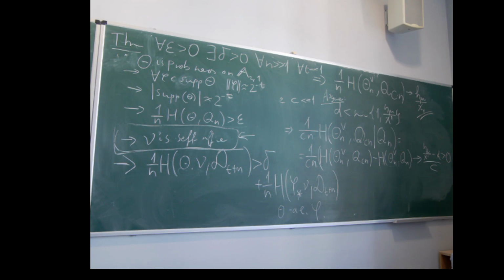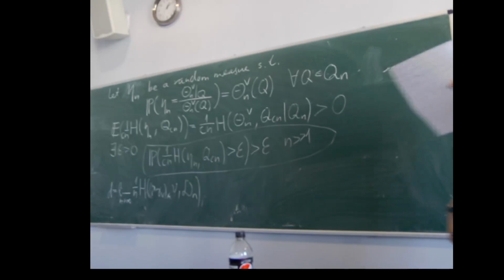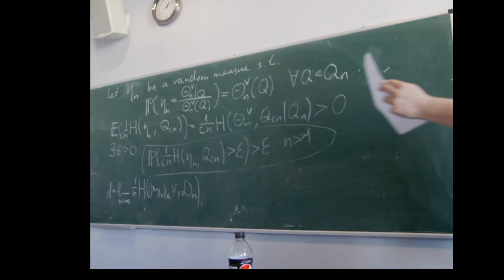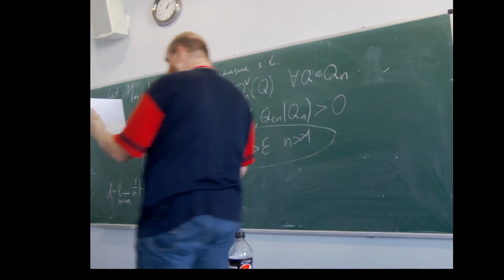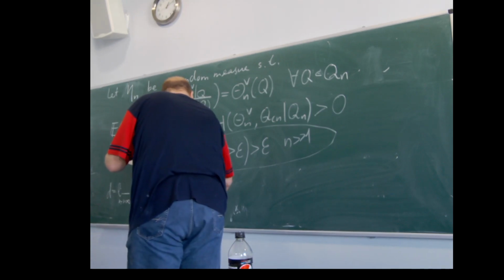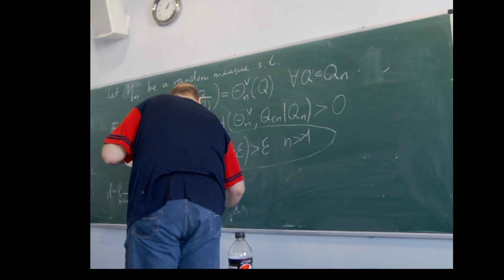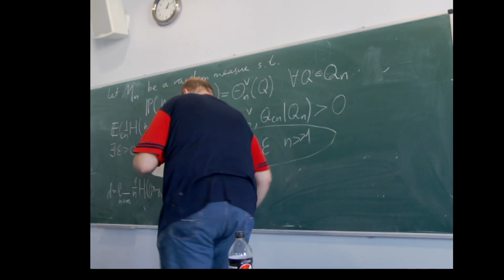We have this d value, which we have seen already, the projected measure's dimension via this entropy. Now, let me decompose this into the following way. This is the limit as n goes to infinity.